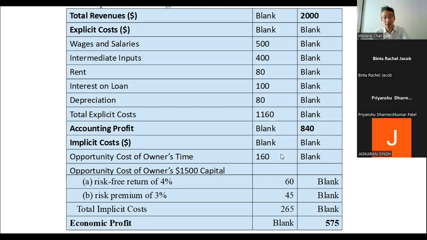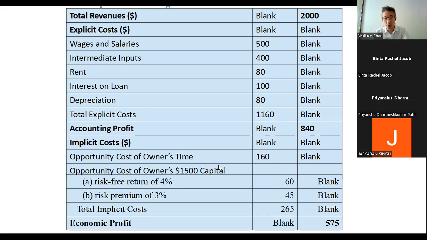And then after you put into consideration the implicit cost, which is another $265, your economic profit is only $575.